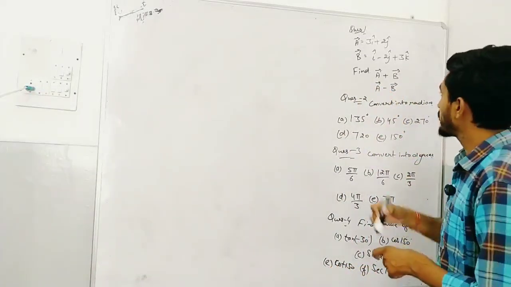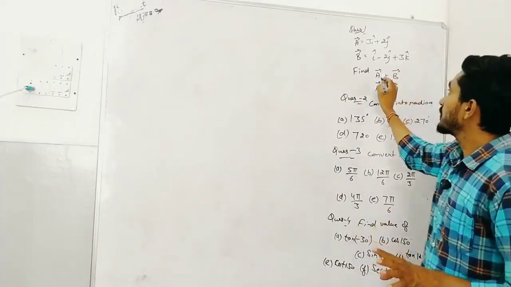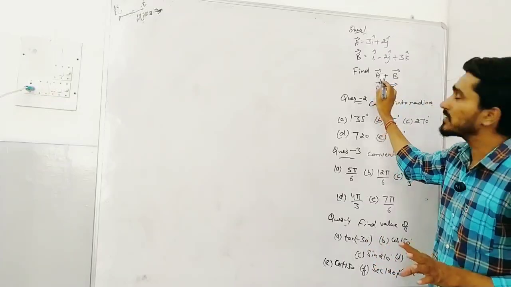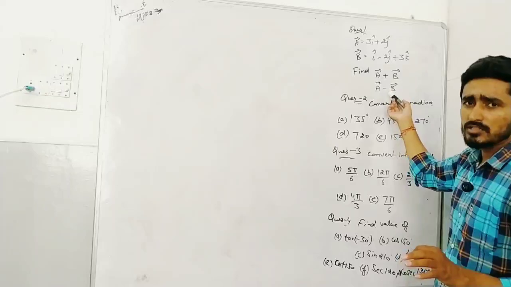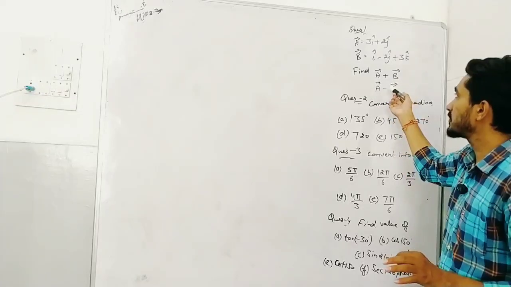You can do it your way, like this: a vector plus b vector. We have to find the sum, and in the next part we have to find the difference between these two.